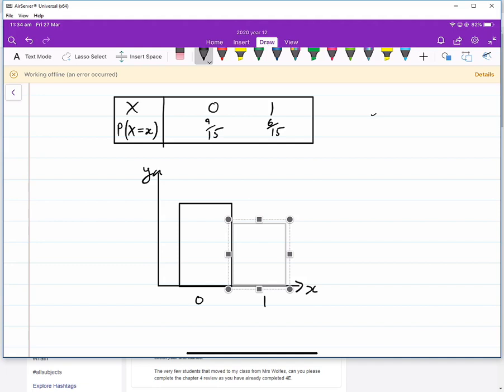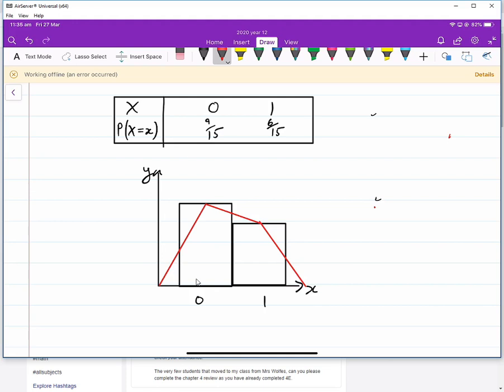So this had a probability of 1, as we know, and therefore this little red polygon also has a probability of 1. I wanted to draw this picture because we've looked at these.